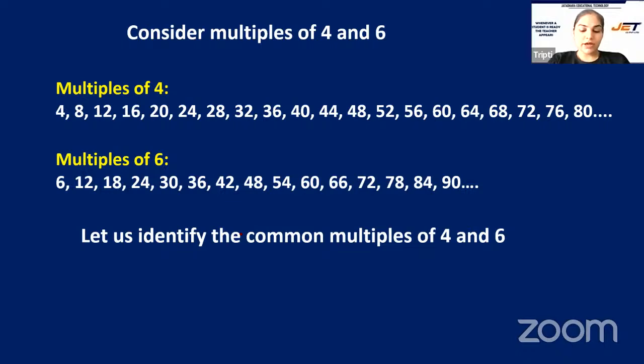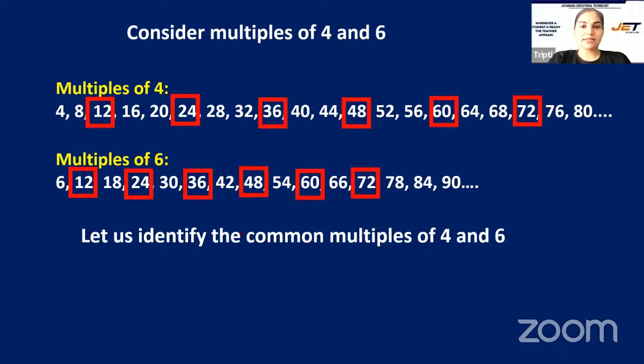So 12, 24, 36, 48, 60, 72, 84. It's not 8, it's 84. Okay. So these are the common multiples of 4 and 6. Right?